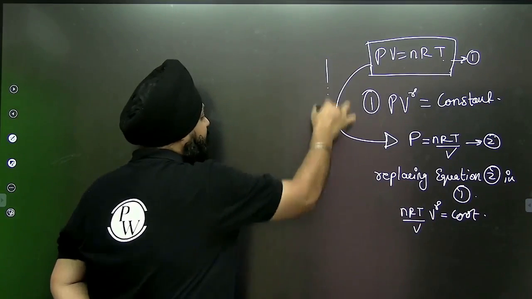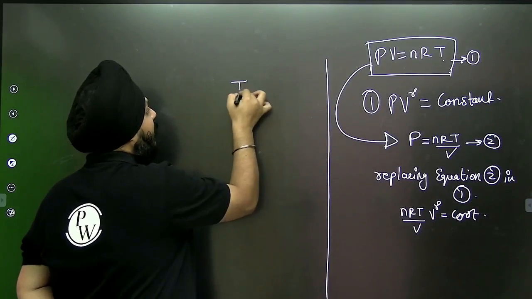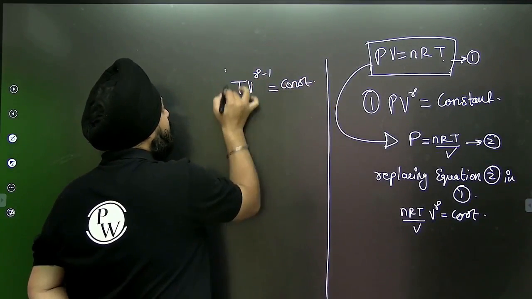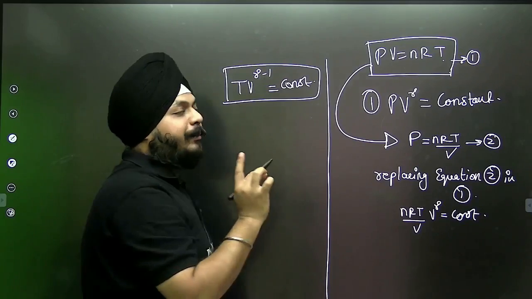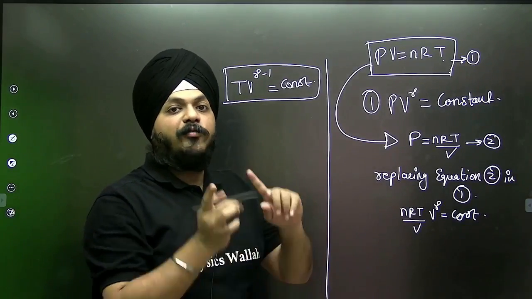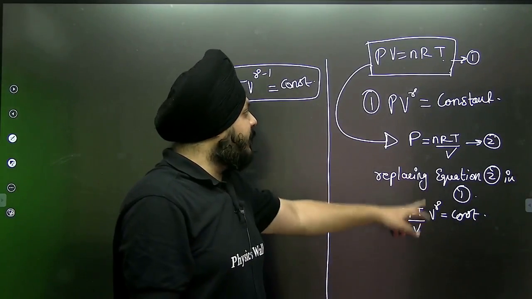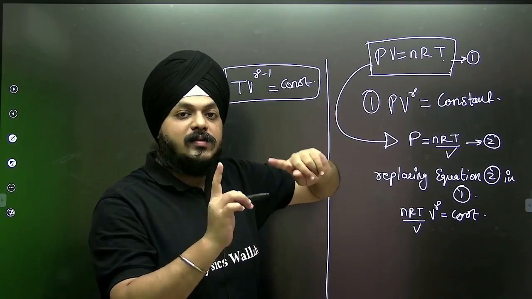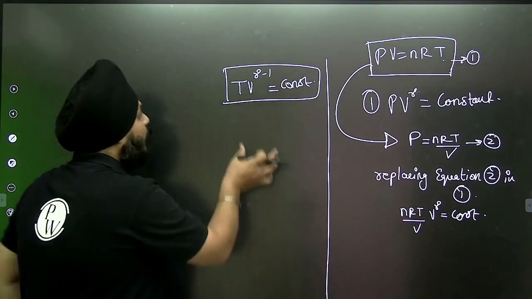In another sense, this will be T V raised to gamma minus 1 equal to constant. This is the second equation of the adiabatic process. If you want to measure the variations in volume and temperature, you can take this equation.